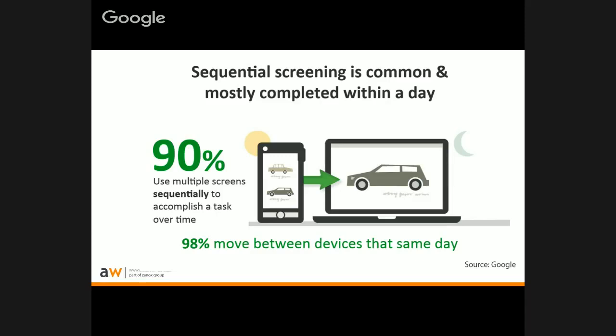Also, I found it interesting that 98% of those people move between devices in the same day. So not only is sequential screening very common, it also happens very quickly. And when we were thinking about the type of solution we needed to develop, that thought was very much in the front of our minds.